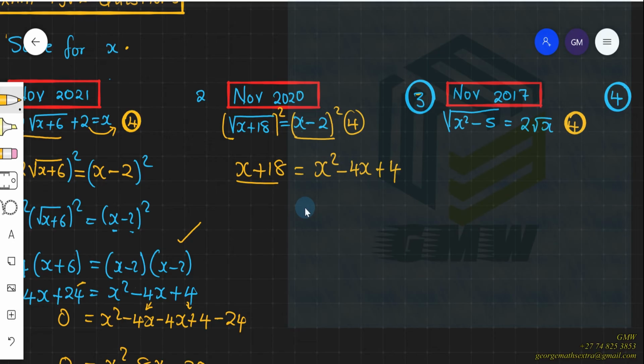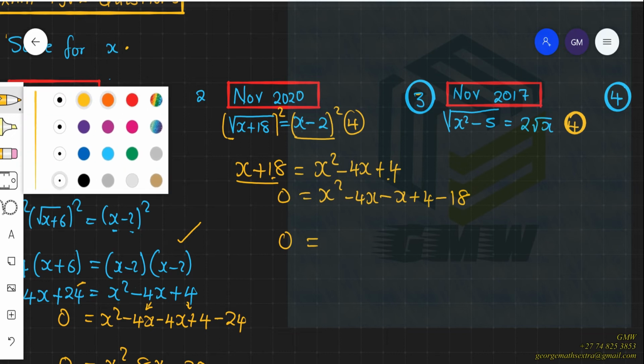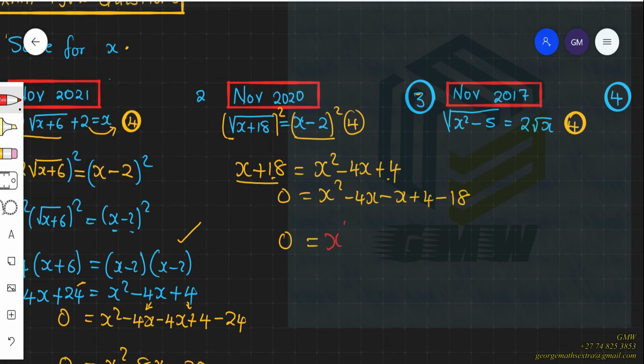Everything to be on one side, I'll have 0 equals x squared minus 4x, then minus x, then plus 4, then minus 18. So I'll have 0 equals, let's change this to another color here, 0 equals x squared minus 5x, then minus 14.